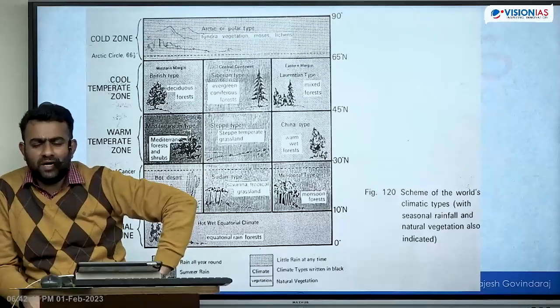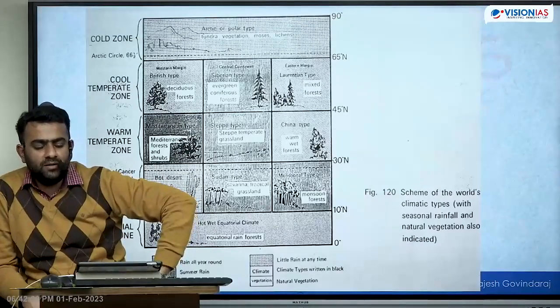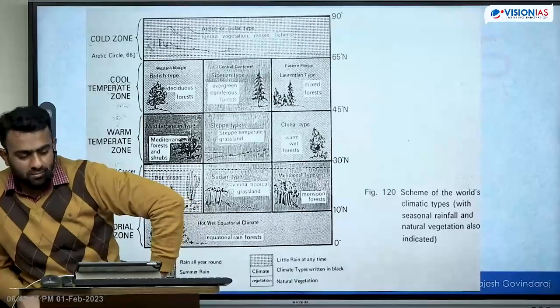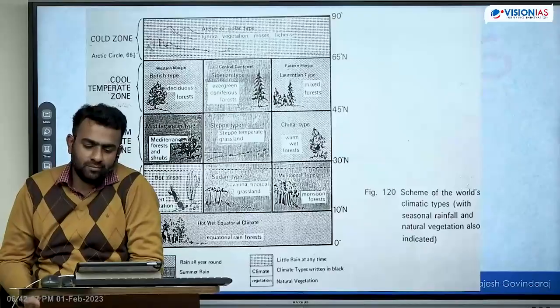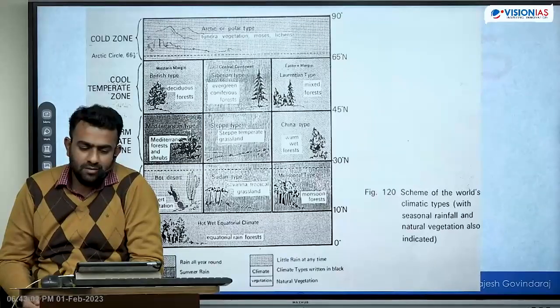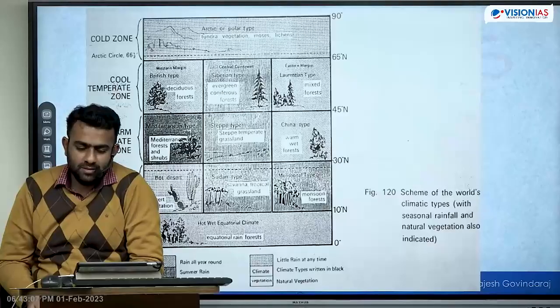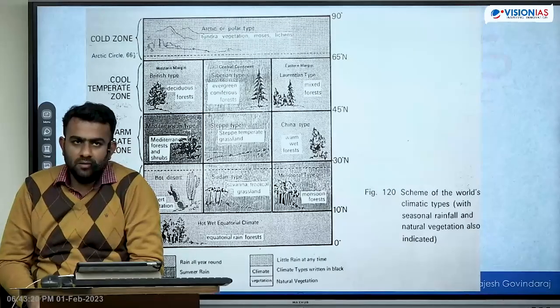So we'll discuss why it is so. There, वहाँ पर बात करते हैं. Okay, vegetation is dominant, tall grass with scattered drought resistant trees.